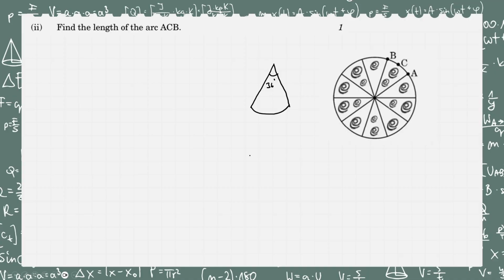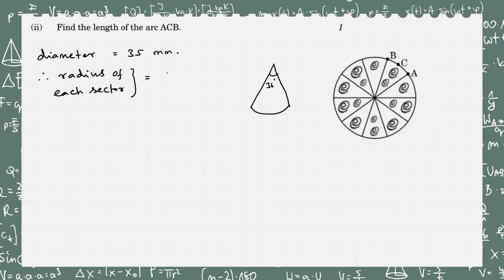And one thing we know about this is the diameter is 35 millimeter. Okay, so diameter equal to 35 millimeter. Therefore radius of each sector will be 35 divided by 2 millimeter.